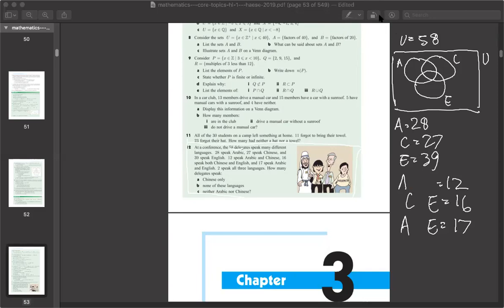It doesn't include the people who only speak Arabic or only speak English. They only ask for the people who speak Arabic and English at the same time. My bad on that part.